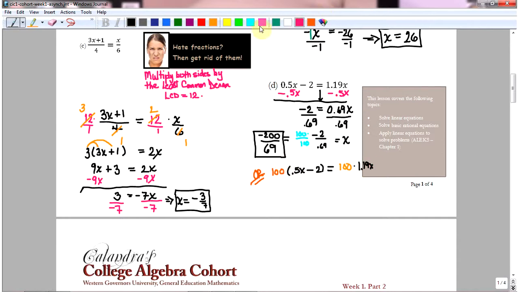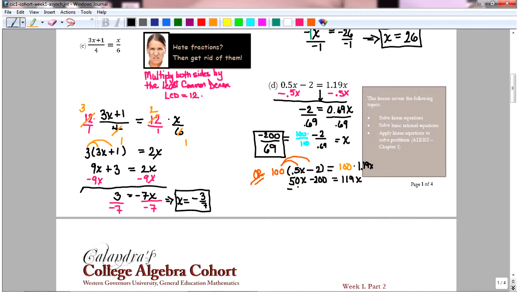On the left, we need to make sure that we're distributing that 100. That'll give us 50x minus 200 is equal to, when you multiply 1.19x by 100, 119x.